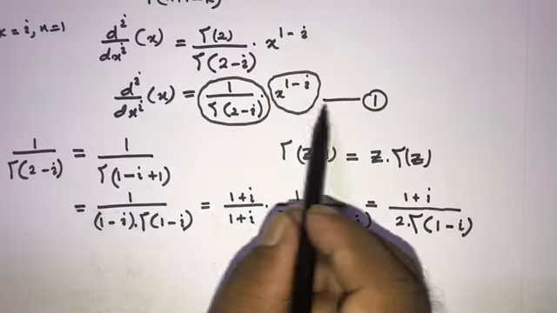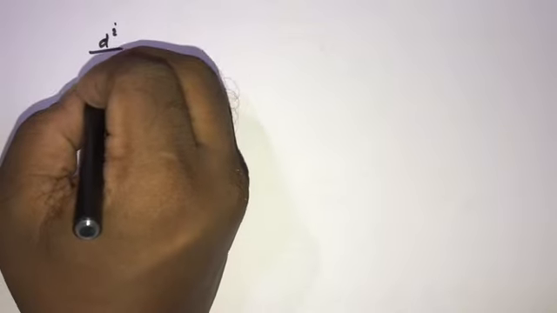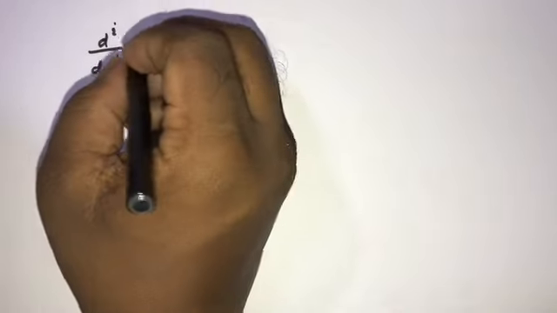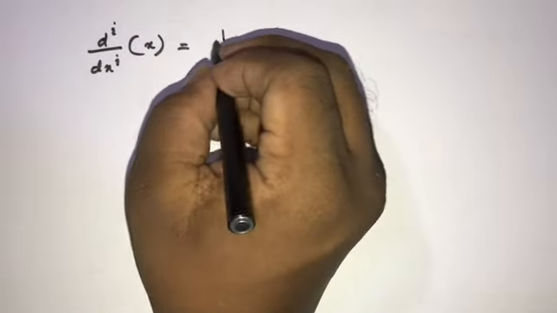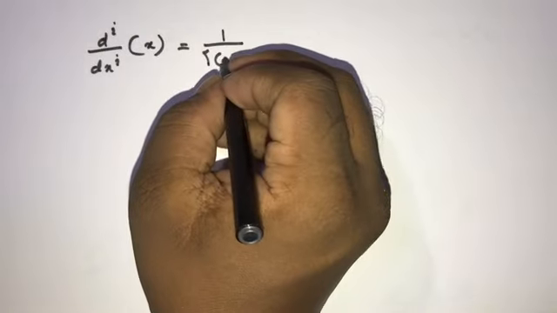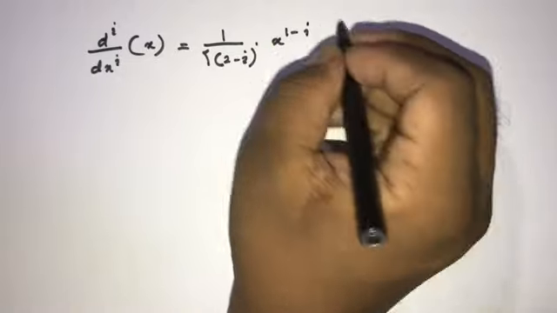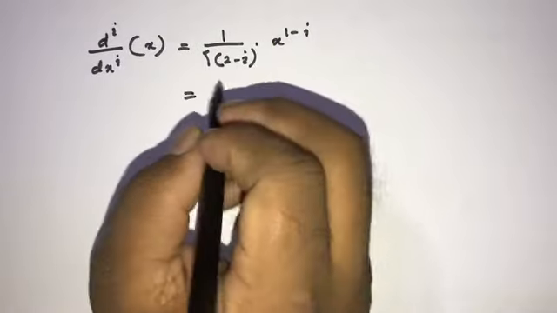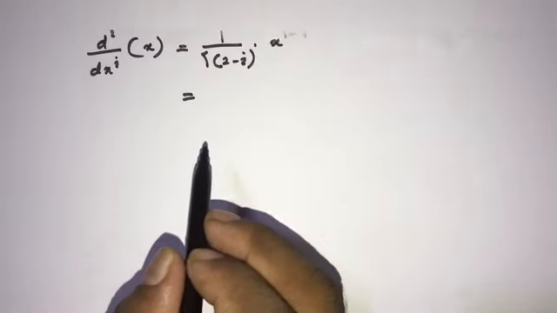Now our equation number 1 I rewrite here: the i-th derivative of x is equal to 1 over gamma of 2 minus i times x to the 1 minus i. Now gamma of 2 minus i we simplified here, so I rewrite this.